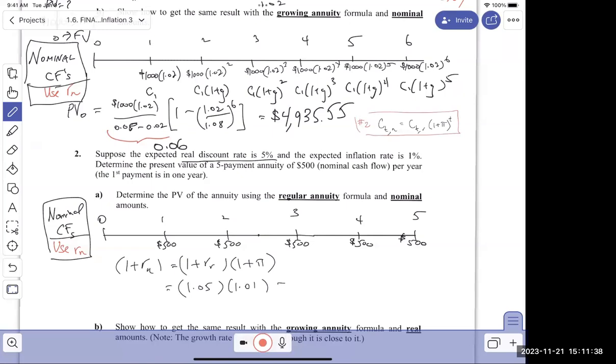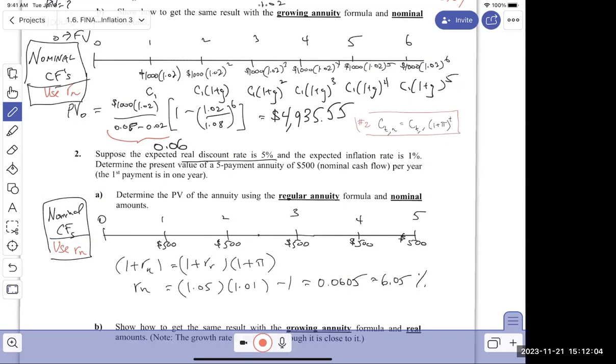The nominal rate is calculated from here. And when you calculate it, who was telling me the answer? Is that 6.05? Freddie, ready? Yes. So it's 6.05%.